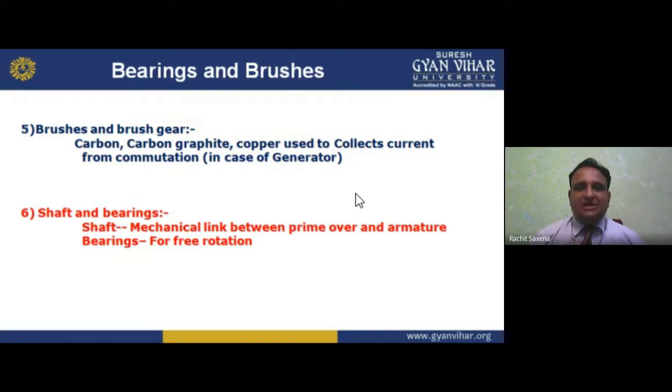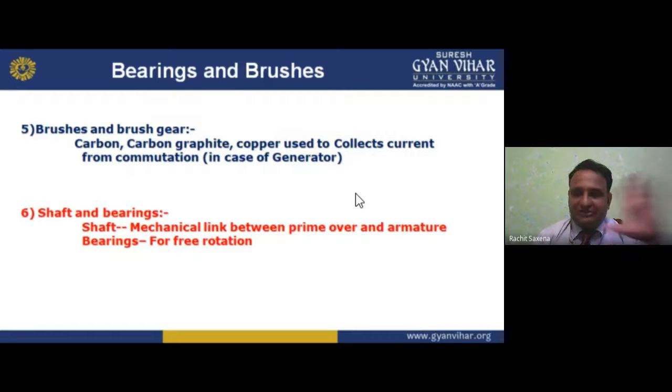Rotation is mechanical, but if current is produced, that is a generator. Carbon is of cheaper cost, graphite is higher cost. Copper is also there, but we generally use carbon and carbon graphite.